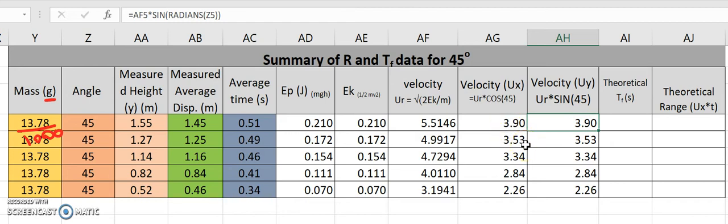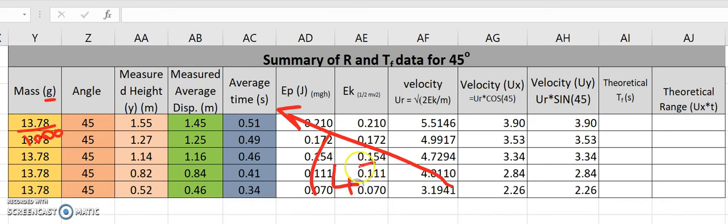What that means is we've projected an object, shot it out at an angle of 45 degrees, and at 45 degrees the velocity in the x direction is equivalent to the velocity in the y direction. So the 45 degree angle is actually going to be the optimum angle at which a projectile should be shot out.